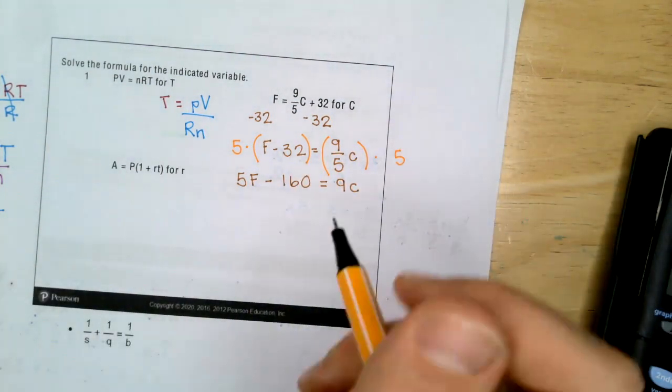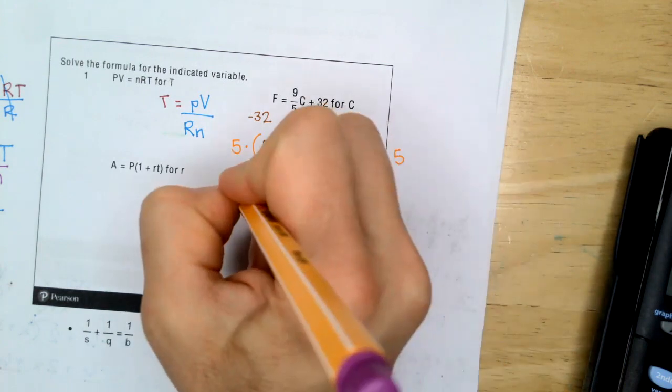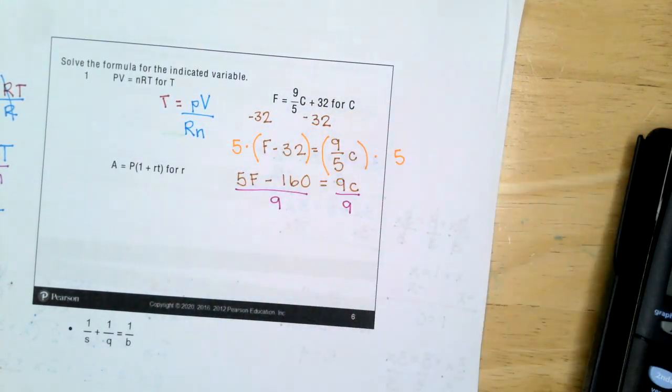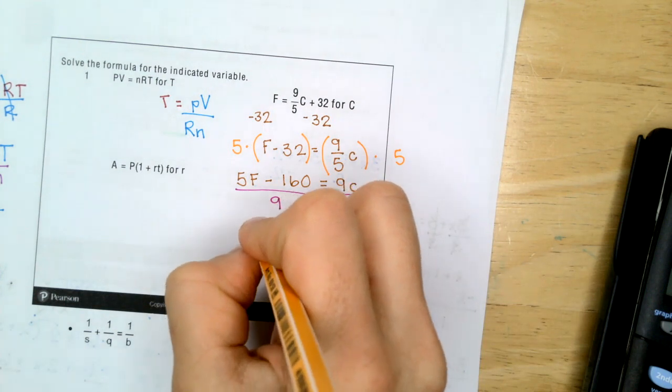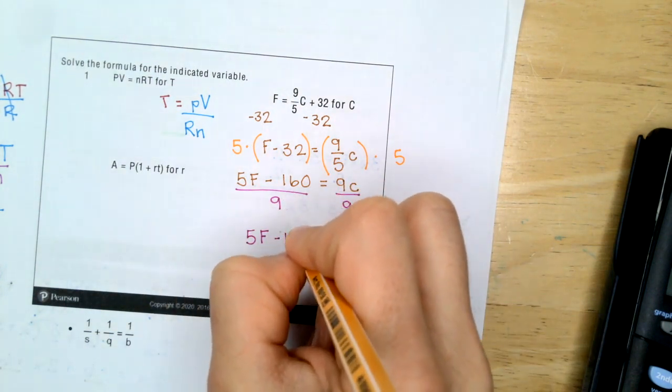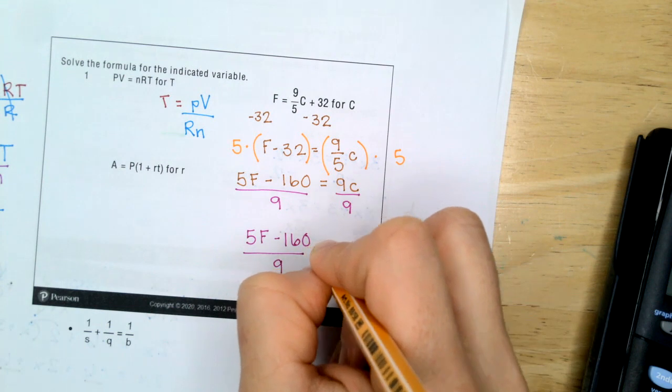Now I need to divide it by 9 to get C alone. I would just leave it like that. 5F minus 160 over 9 equals C.